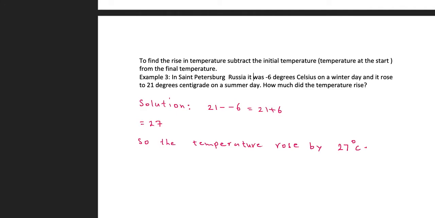Celsius and centigrade also are the same thing. How much did the temperature rise?